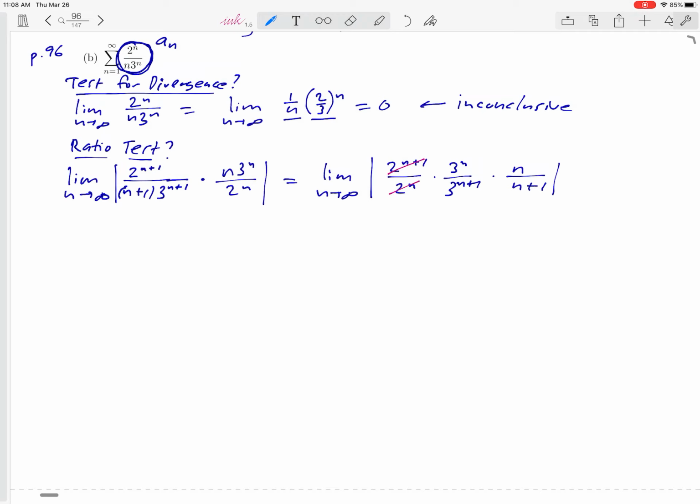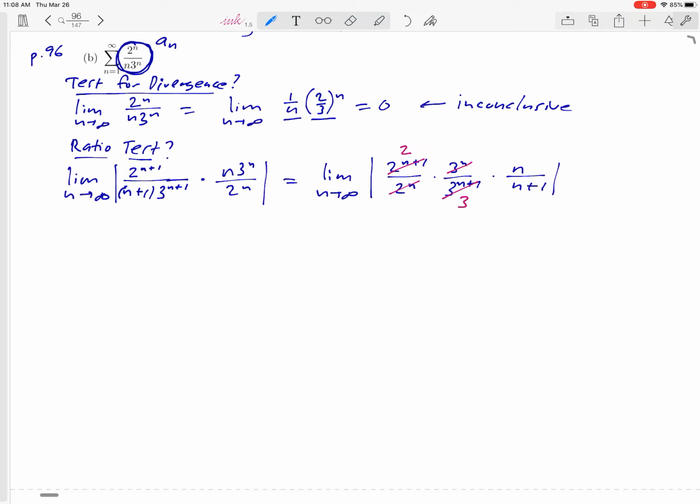What we're looking for is cancellation. Notice that there is a little bit of cancellation. 2 to the n plus 1 over 2 to the n, if you subtract the exponents, you get a 2 in the top. Another way to think of it is that there's one extra 2 in the top because the power is one bigger. Same idea with 3 to the n over 3 to the n plus 1: we've got one extra factor of 3 in the bottom, so we have a leftover 3 in the bottom after we cancel.